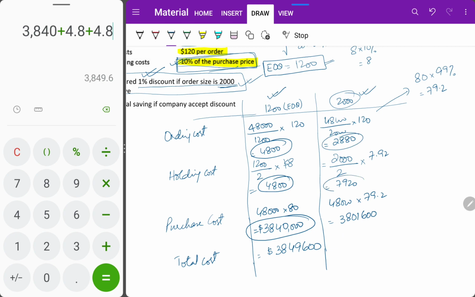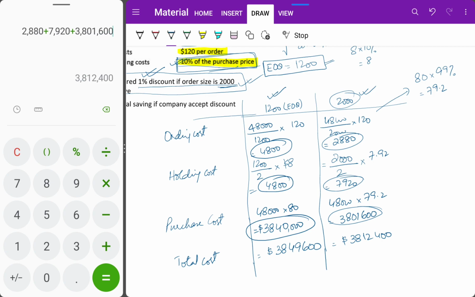And at the discounted price, ordering cost, holding cost, purchase cost, so 2880 plus 7920 plus 3,801,600 is 3,812,400. Right. So at economic order quantity, your total cost is 3849 thousand. At 2000 units, your total cost is 3812 thousand.